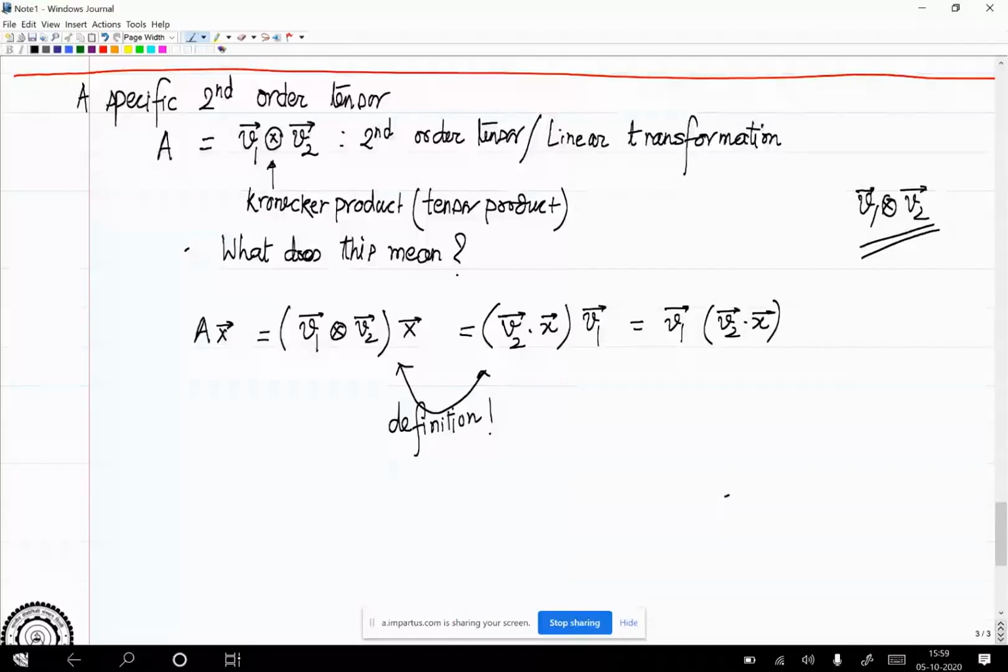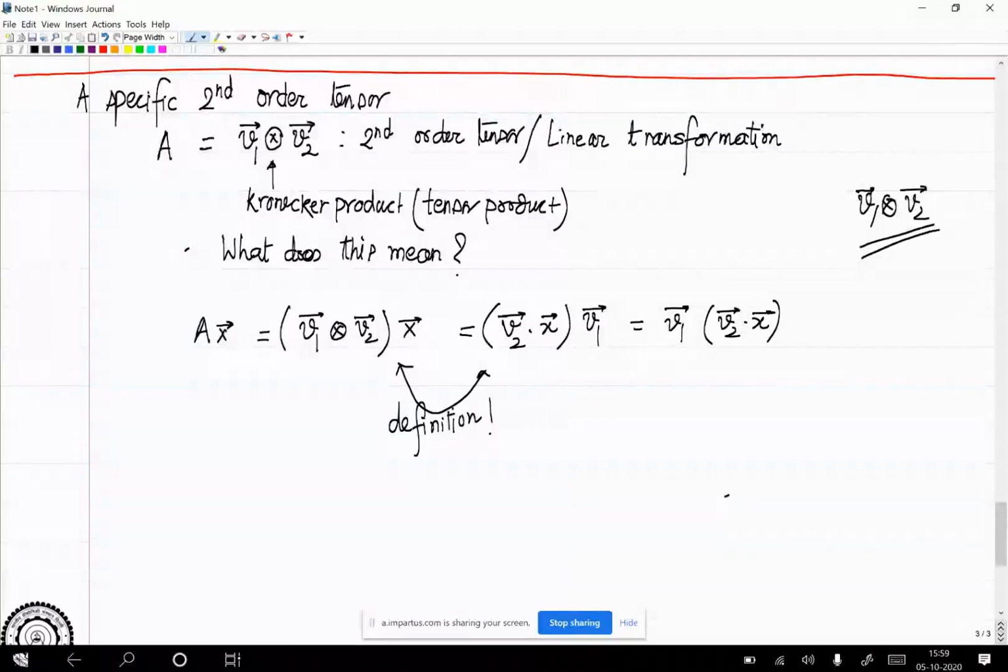Sir, in the output, V2 dot X is a scalar, and that multiplied by V1 will be a vector. So isn't the output a vector? The output is a vector, of course. That's what we learned about linear transformation, the one we just read.